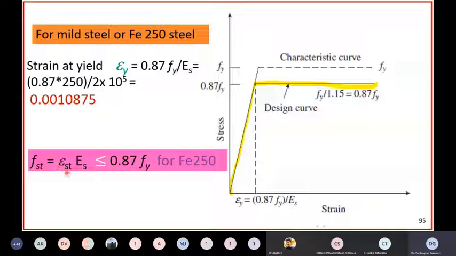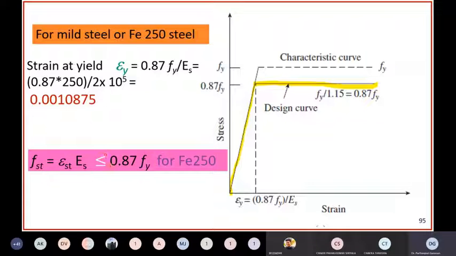Strain in the tensile steel multiplied by Young's modulus of steel will always be less than or equal to 0.87 Fy. Remember, even for a strain beyond this, your stress value will be only 0.87 Fy. So under any case, this FST, the stress in the tensile steel, will not be greater than 0.87 Fy.